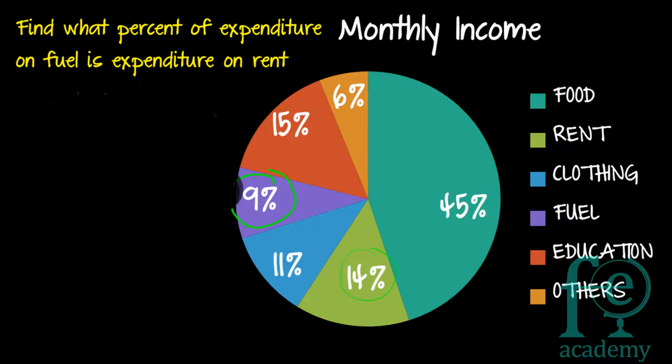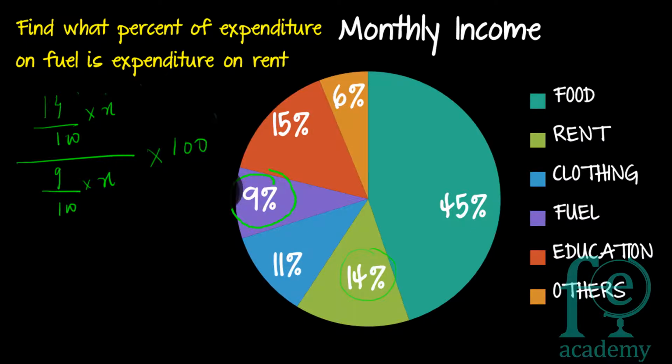So the required answer will be 14% of X, which will be the expenditure on rent. It should be expressed as a percentage of expenditure on fuel, and expenditure on fuel is equal to 9% of X, where X is representing the monthly income. So what you will be getting? Into 100. You have to express it as a percentage.